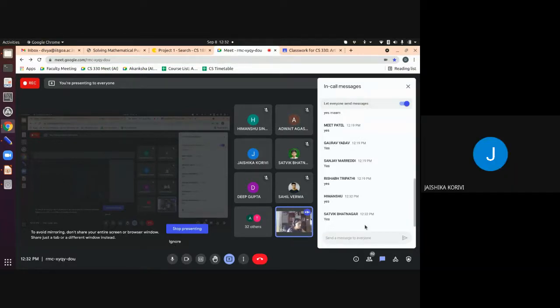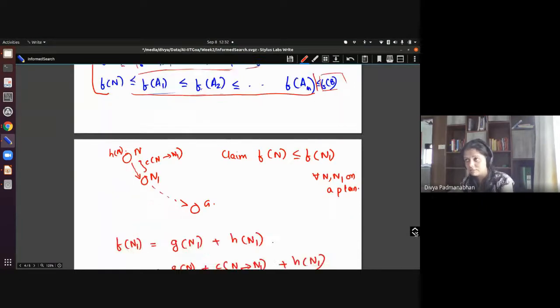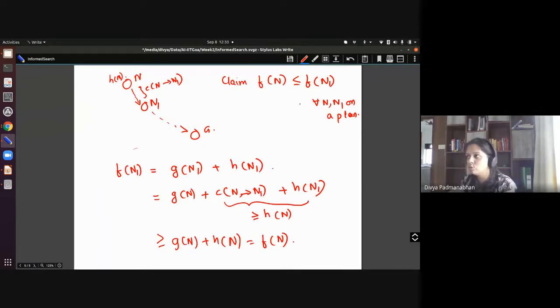Yes, ma'am. So this is where I have some issues with this proof. There are some subtleties which I feel are not fully satisfactory. It is in this part, when you claim that f of n is less than or equal to f of n1 along every path.